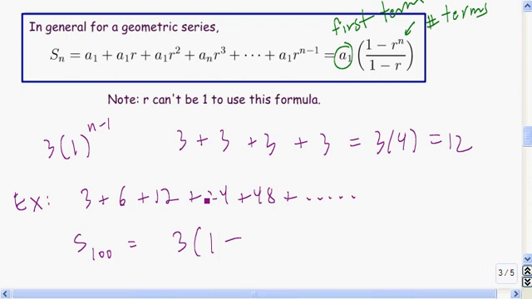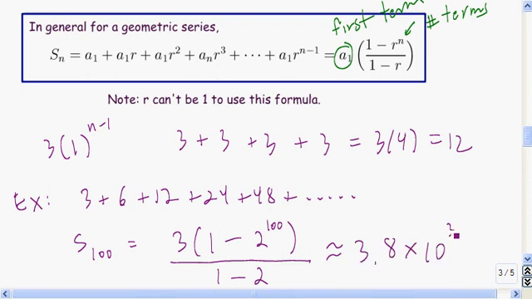So it's 1 minus the common ratio, which is 2, that's your multiplier, to the power of how many terms we have, divided by 1 minus the common ratio. And if you do that out, you're going to get that it is around 3.8 times 10 to the power of 30.